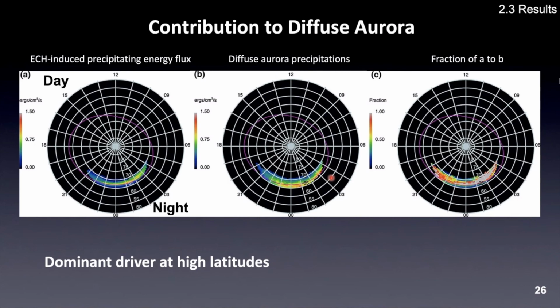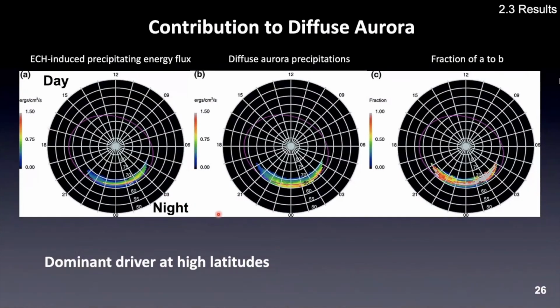Okay. First of all, in terms of validation, I'm not sure whether you are aware of it, but for the ECH wave induced precipitation, there are already a couple of case studies directly comparing this ECH induced precipitation level with the aurora intensity in conjugate all-sky imagers.